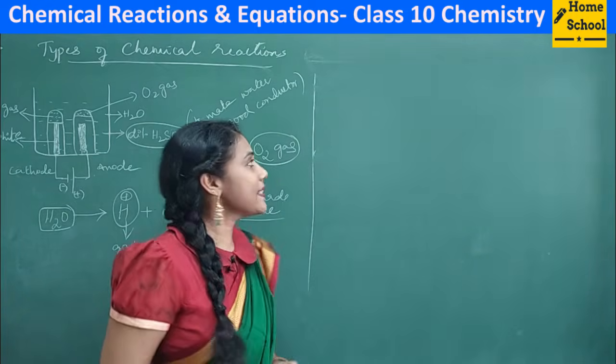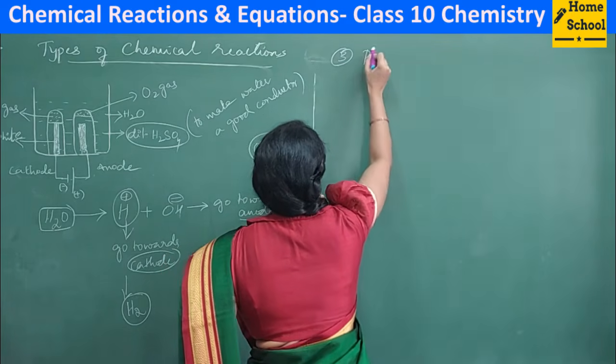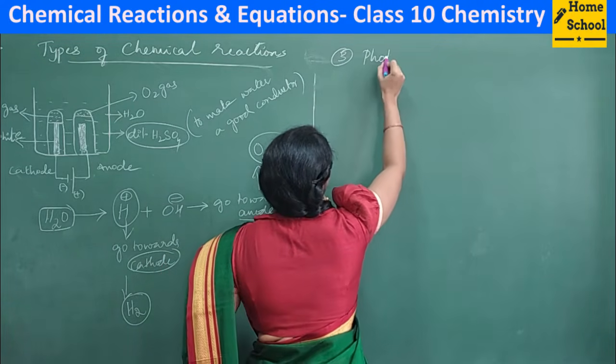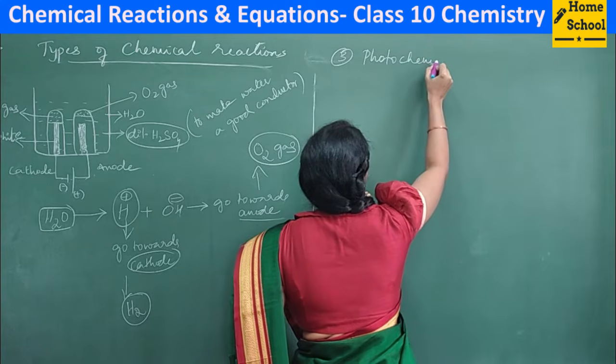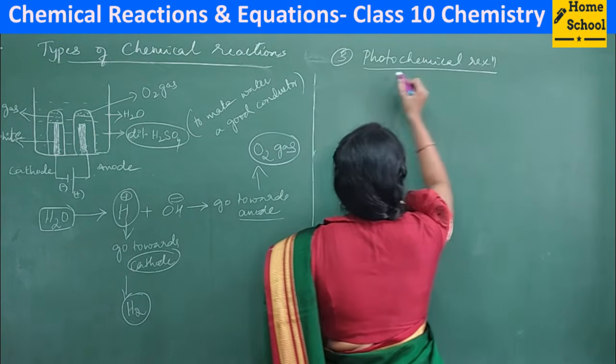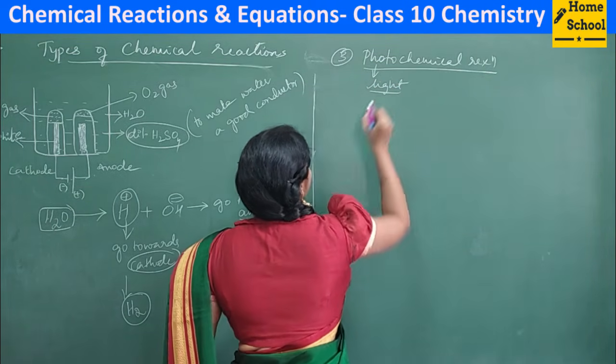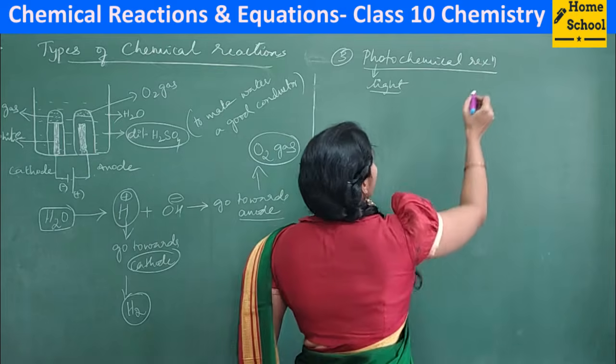And now let us discuss the last type of decomposition reaction, that is photochemical reaction. Okay, so can you tell me what do you mean by photo? Photo means light, isn't it? So the definition is very simple.